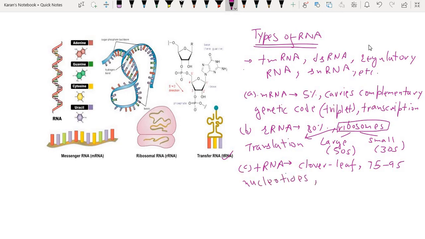It helps in transfer of the amino acids during the process of translation, and it also acts as the adapter molecule. So it is also known as the adapter molecule, right?